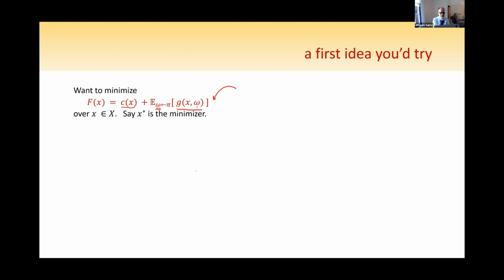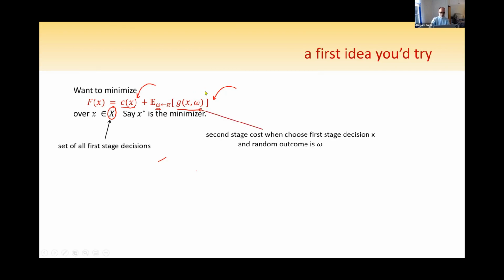Say capital X is the set of all first stage decisions. I'm being very general here in some sense. So I'm saying, look, you can make a first stage decision, and then this is the second day cost.